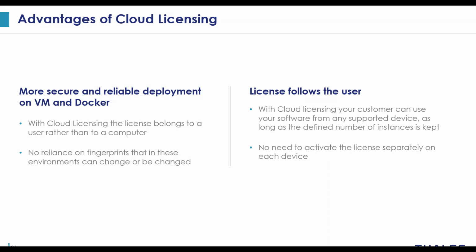With the cloud-based license, it is more that the license is following the user. So here you don't need to do an extra activation and bind a license to a host. We are working with the cloud-based licenses, what we call an identity, and then one identity can only use such a license once at a time.